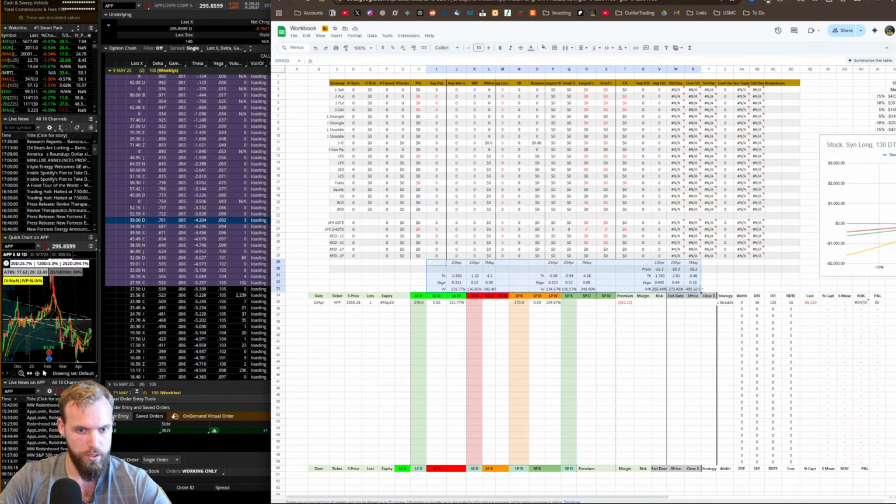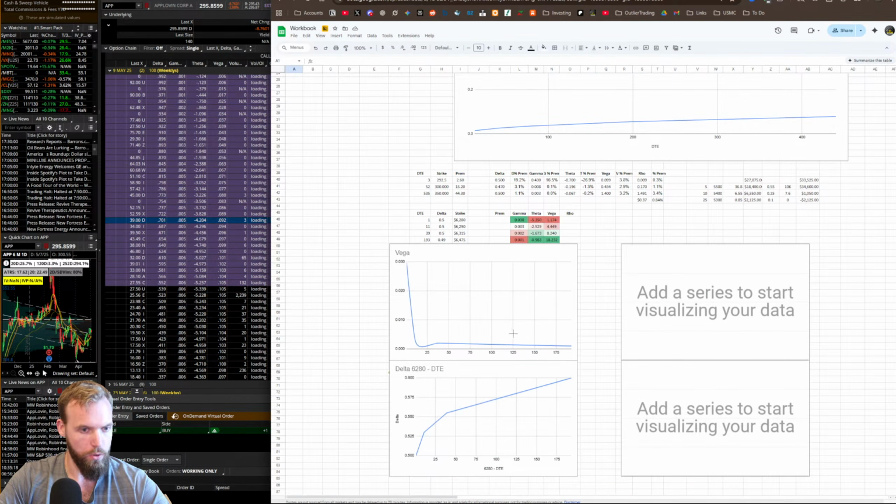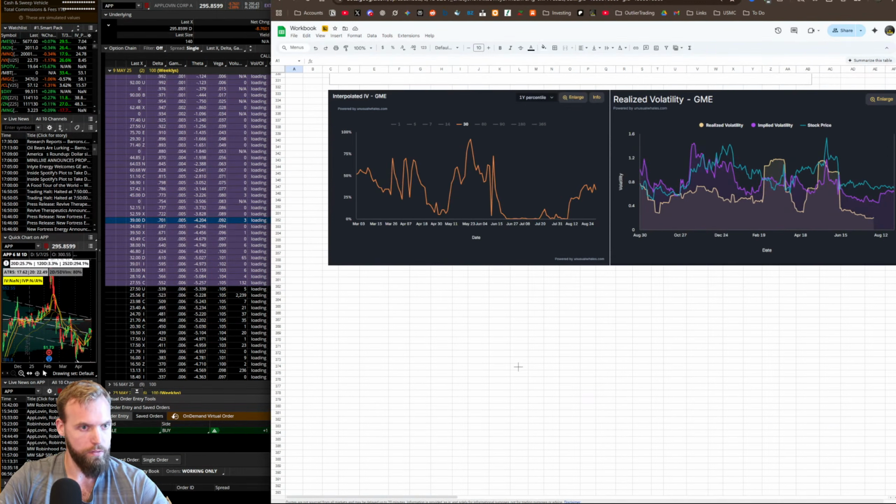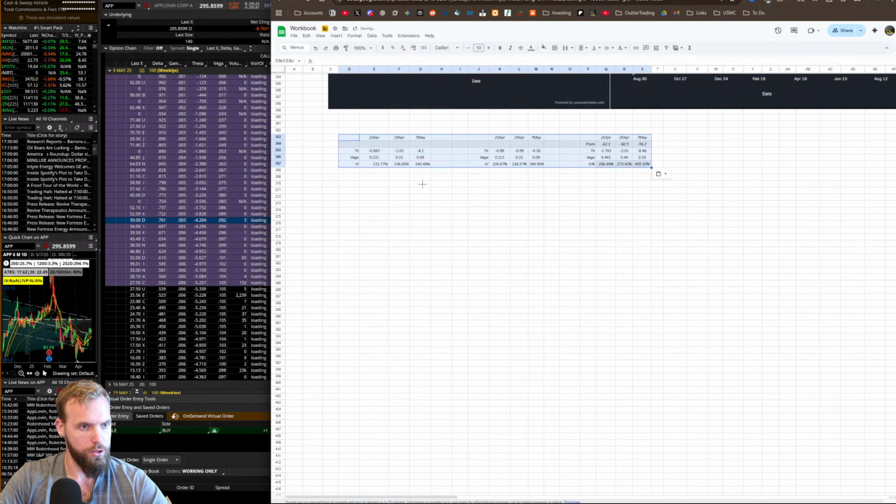And I'll actually take all this over here so that we can find a blank spot and take a look at these a little more in depth.